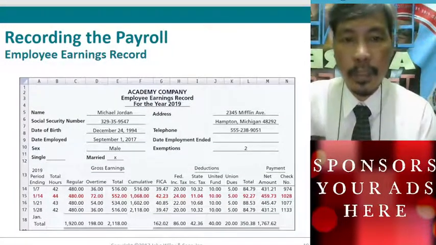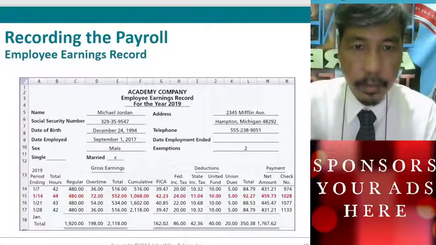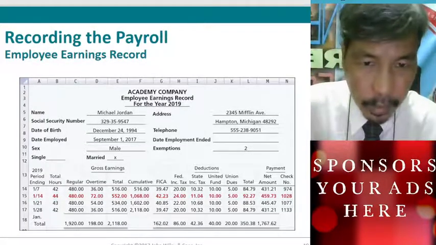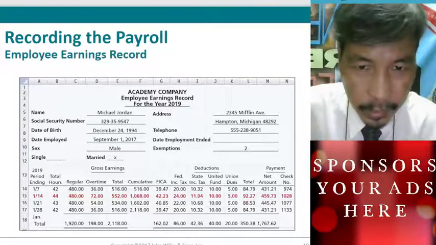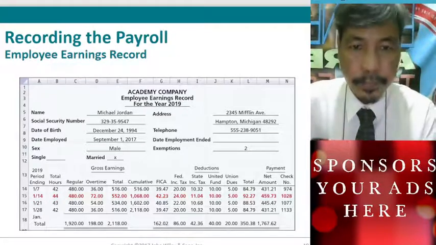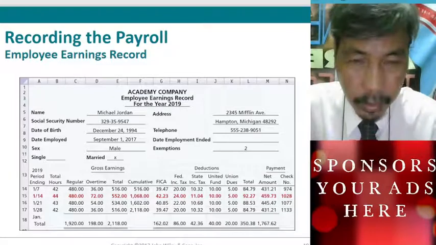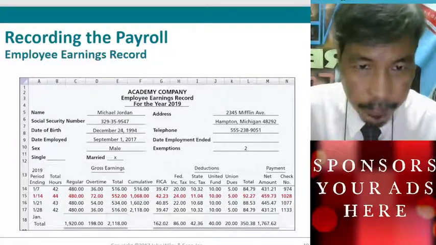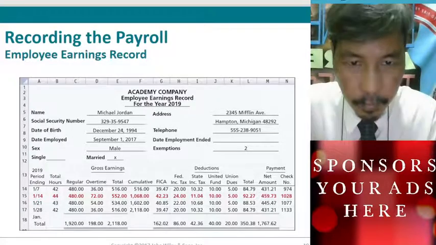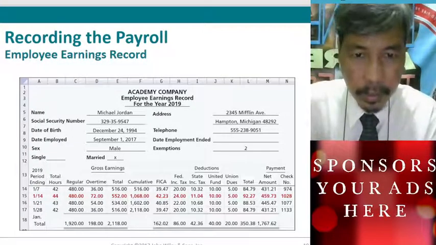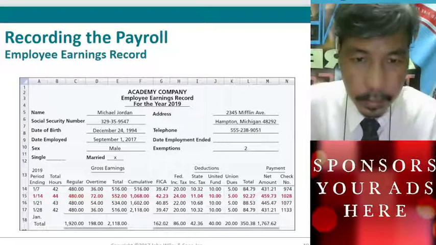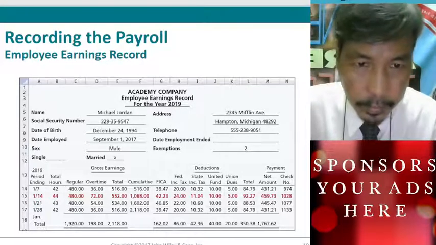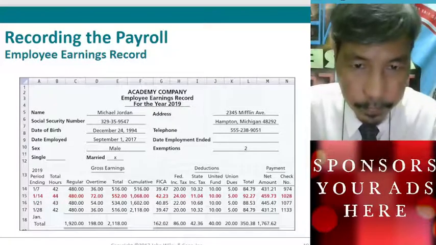By employee earnings record. So we have Michael Jordan. How much are the earnings of Michael Jordan? Per hour. Michael Jordan is on a per hour basis. Plenty of overtime. Regular is 480. Okay. Total, so cumulative.